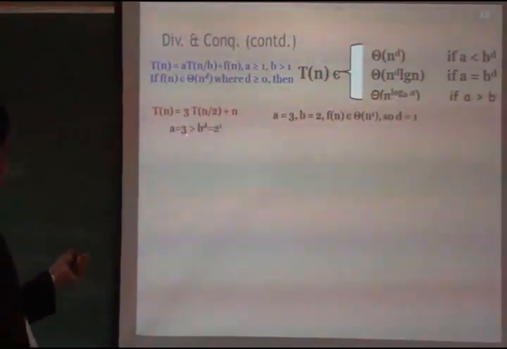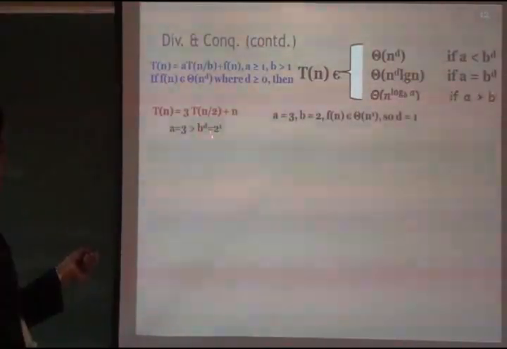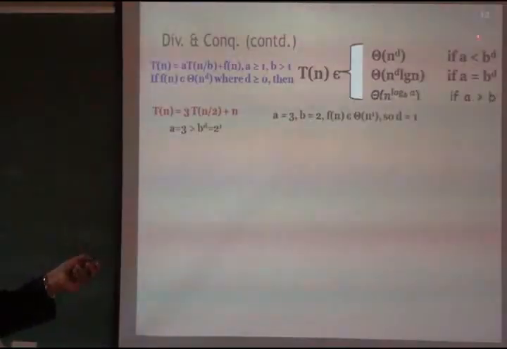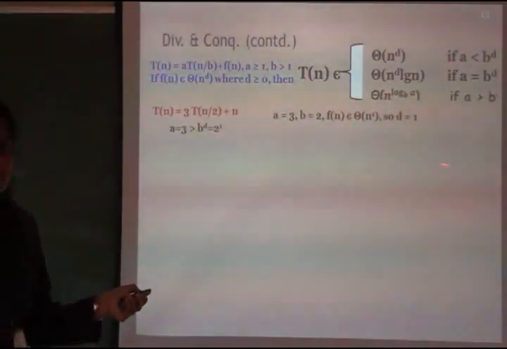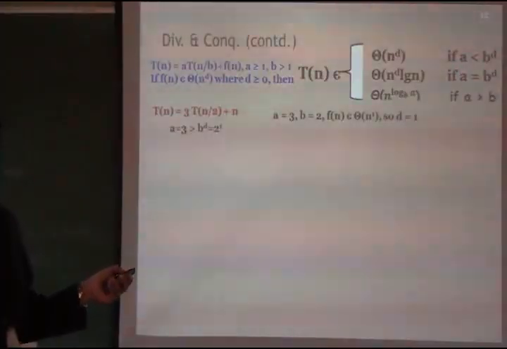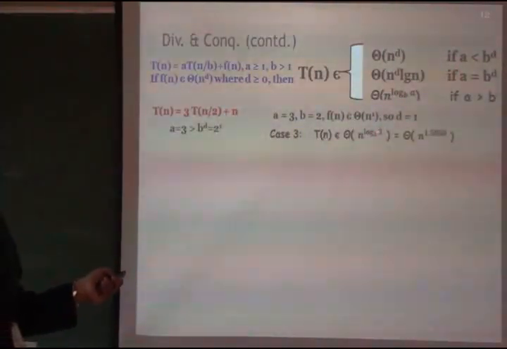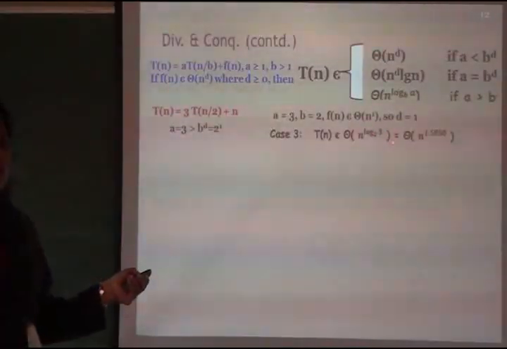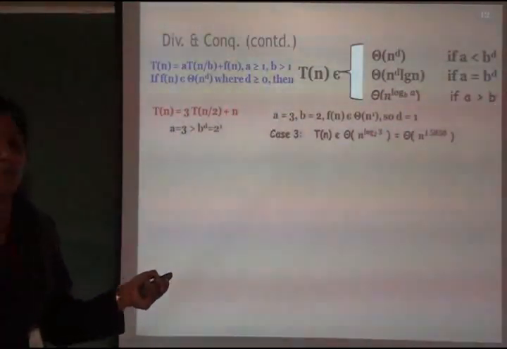So a equals 3, which is greater than b to the d, that is 2 to the power 1, which is 2. So 3 is greater than 2, and it comes under the third case. So the time complexity is n to the power log base 2 of 3, which is about 1.58.